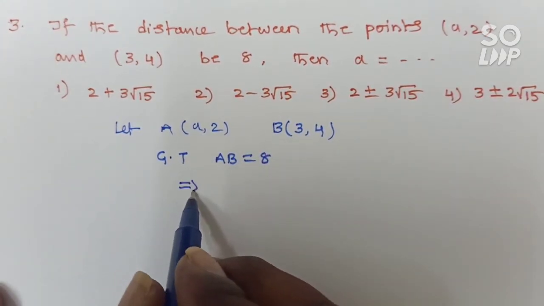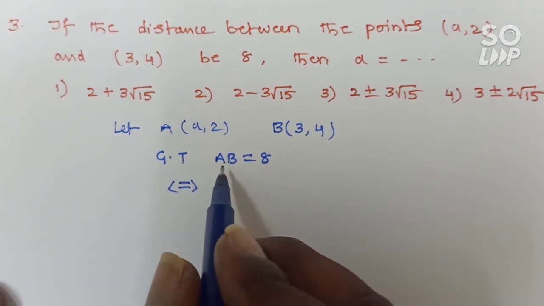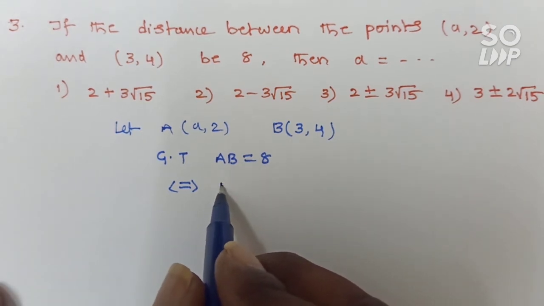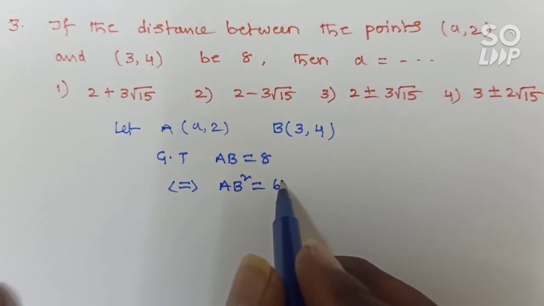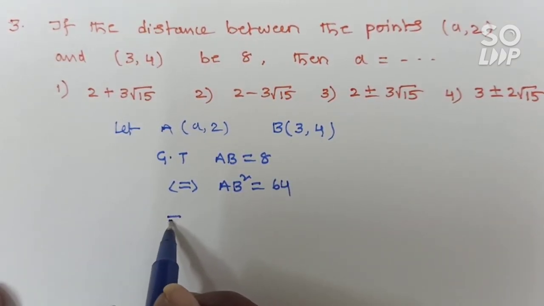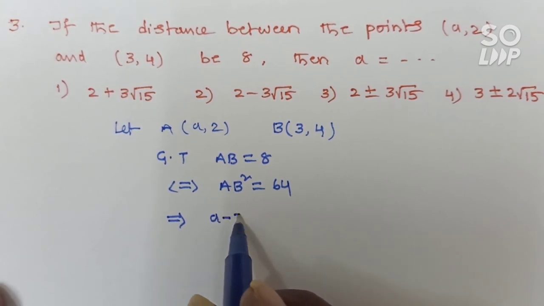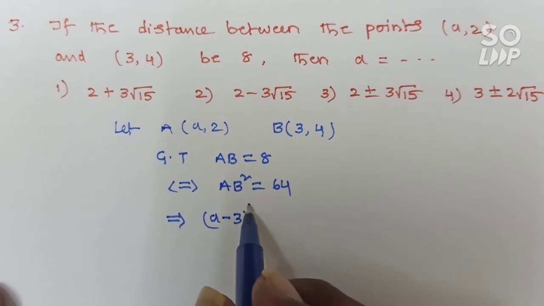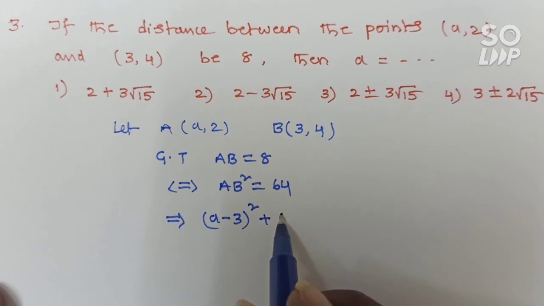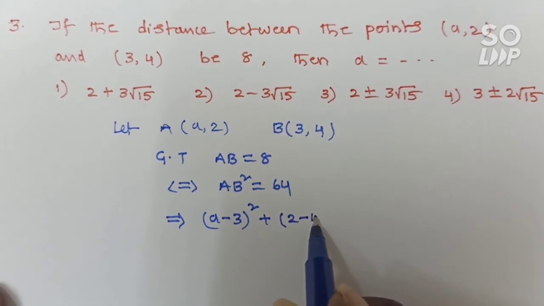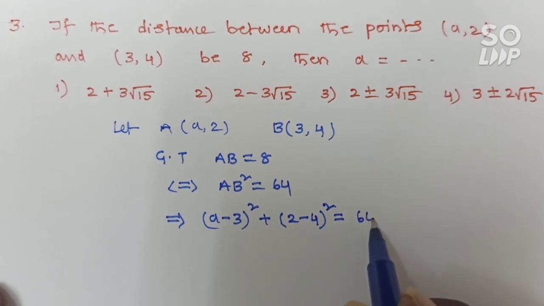That implies, now you do the squaring on both sides to eliminate the root in the formula of distance between the 2 points. AB square is equal to 64. So what is the AB square value? x1 minus x2 whole square, that is (a minus 3) whole square plus (2 minus 4) whole square is equal to 64.